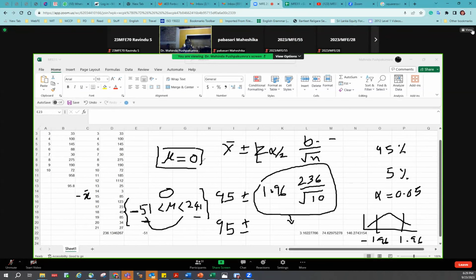But if I use this data and make a conclusion, then my conclusion says that you have not received, the average may be equal to 0. Why have we received this type of wrong conclusion? These are wrong.